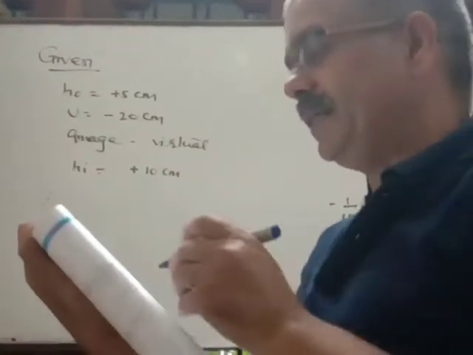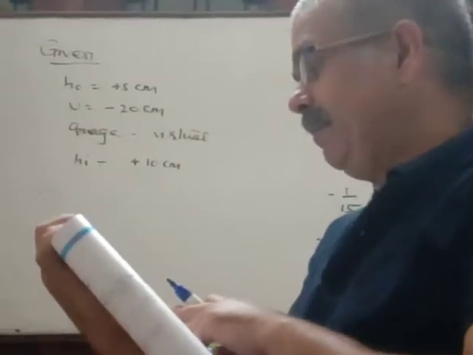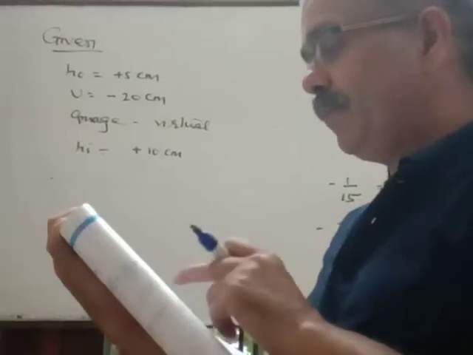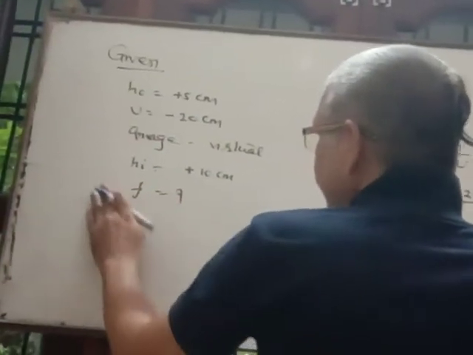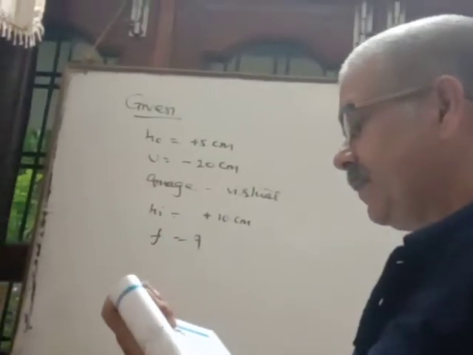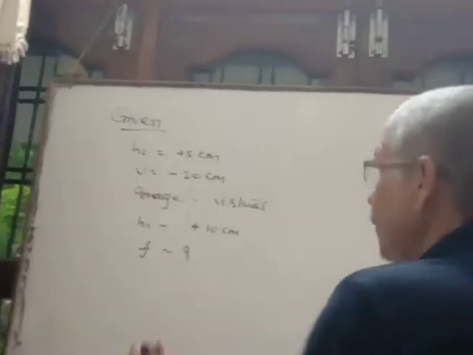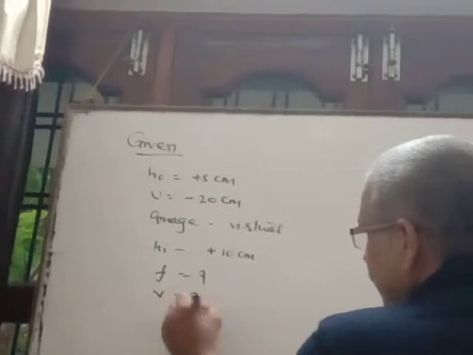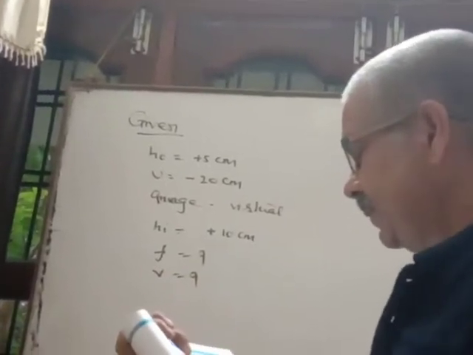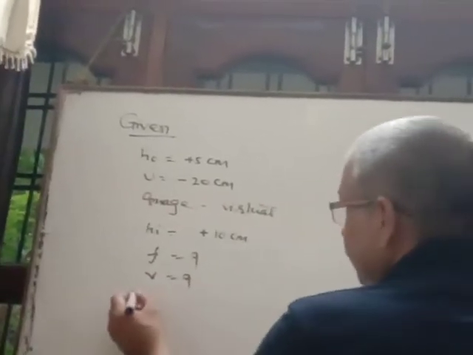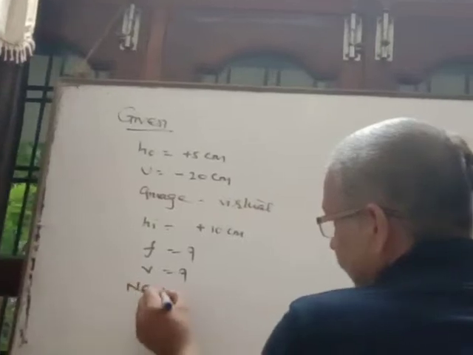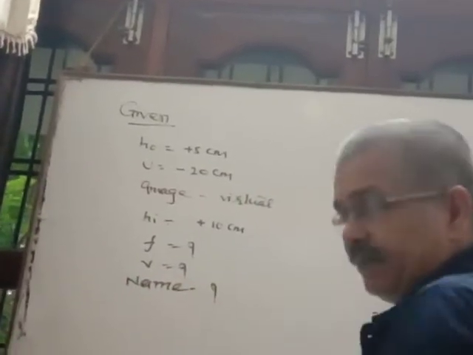So plus 10 centimeter, formed behind the mirror. Find focal length of the mirror, position of image V, name and type of the mirror.